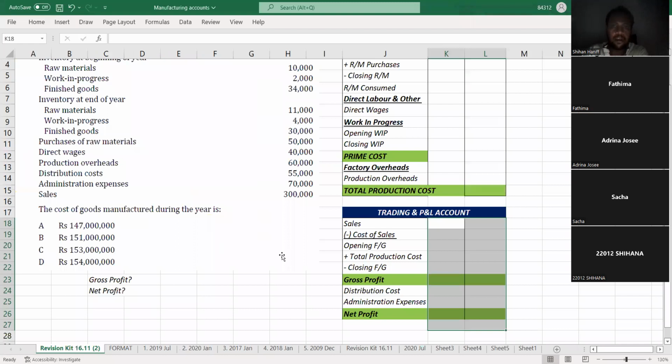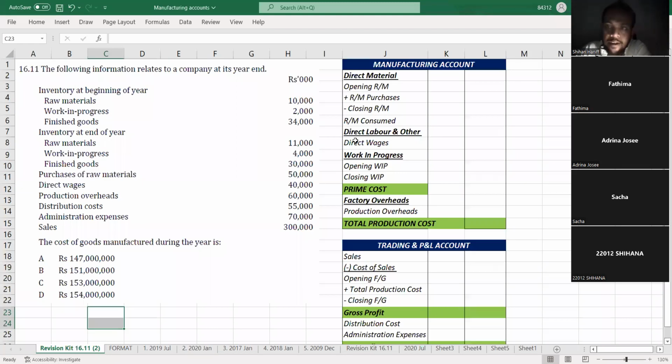Right. So the next question I'm going to do is for you to understand the complete process, like preparing the manufacturing account and the trading profit and loss account, the entire part. Okay, this will be useful for you.